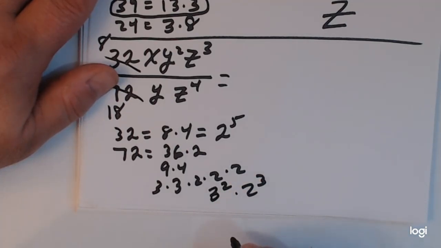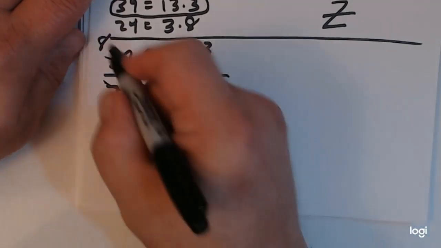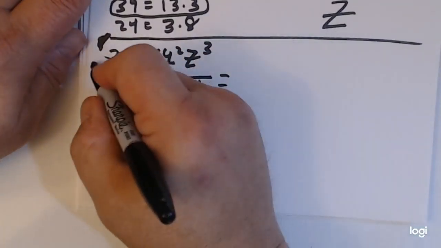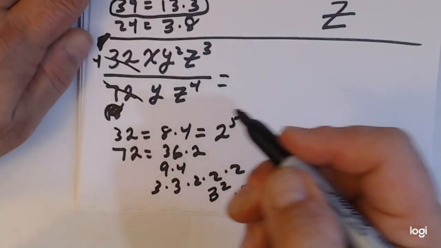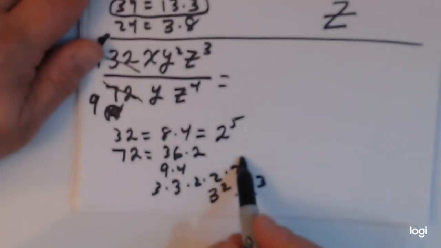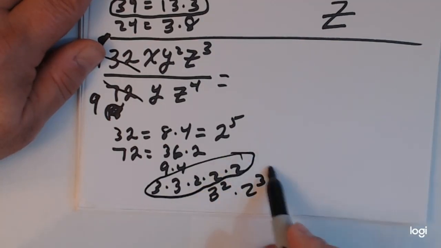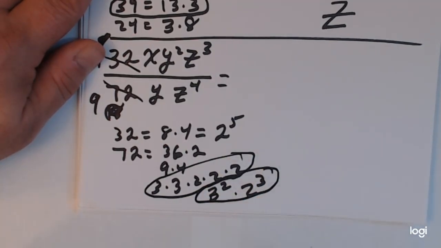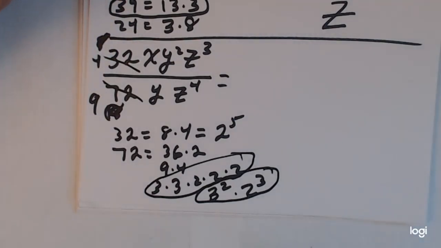So 8 is going to be the GCF. So 8 goes into 32 4 times, and 8 goes into 72 9 times, right? We got that down here and over here, 9 times 8. So that's what happens on this. Sometimes you just have to play around with it a little bit when you're looking for a greatest common factor. Sometimes you make a mistake. I caught that one when I saw 8 over 18 and realized that we could have reduced it down from there to 4 over 9.